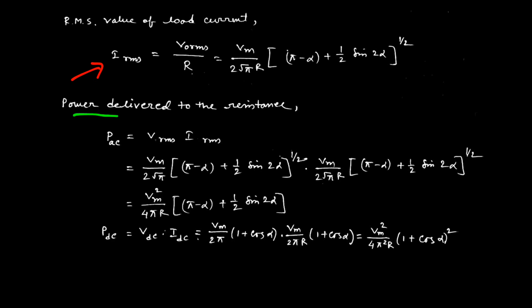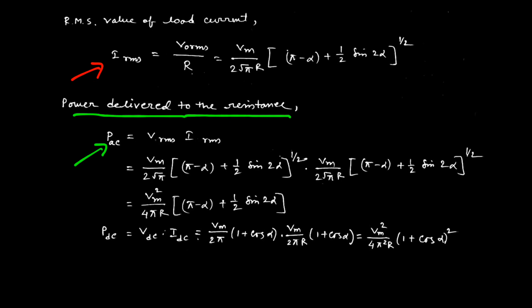Now we can calculate the power. The power delivered to the resistance from the supply can be denoted by PAC, P for power and AC, as we are using the AC supply. PAC equals V RMS into I RMS.